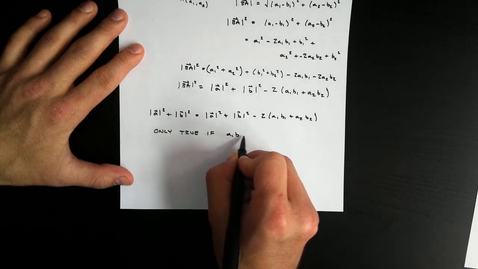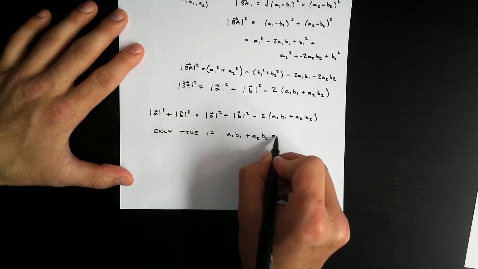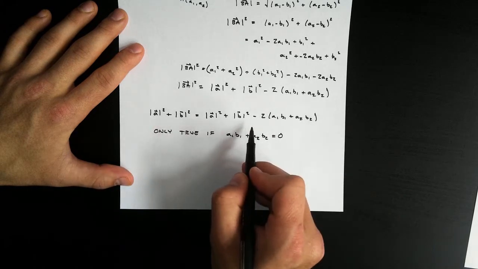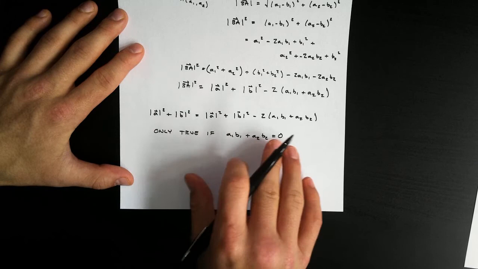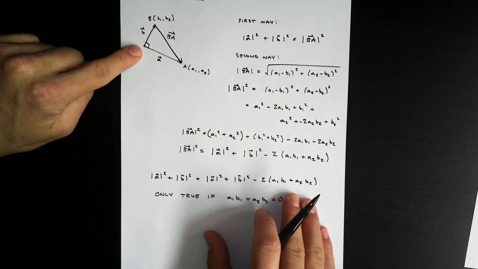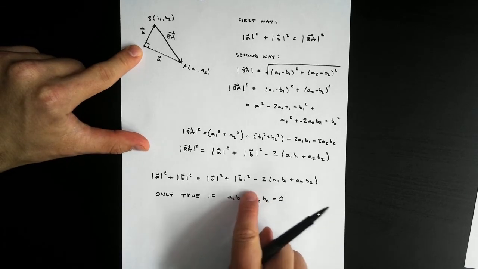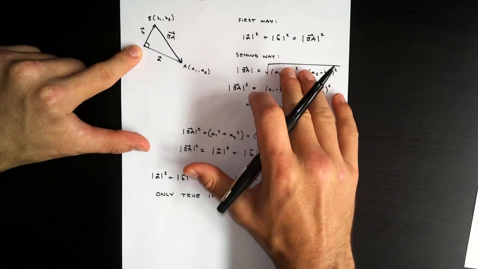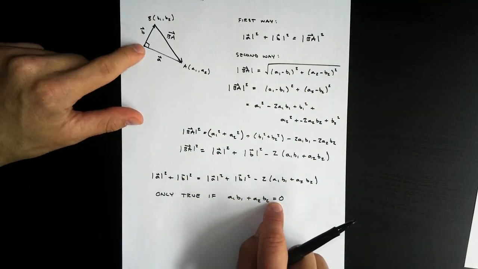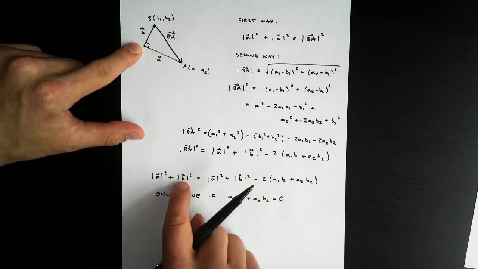So if a1 times b1 plus a2 times b2 is equal to 0, then this is true. And that's important because what we started with is perpendicular vectors. So if I just know this little piece is equal to 0, I don't need to go through all of this work. I know that I have perpendicular vectors, because then these two equations are the same.